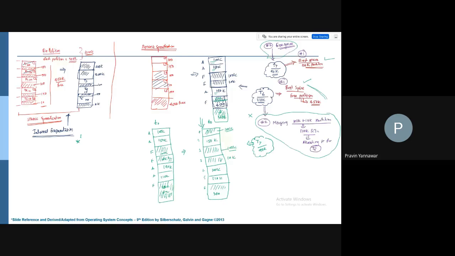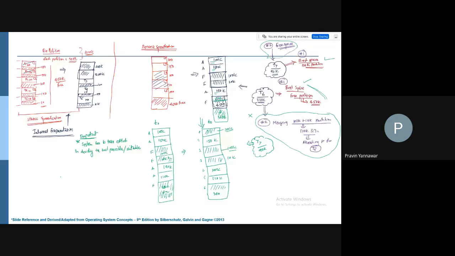So this is an important point: the system has to take effort in deciding the best possible, best suitable partition for the task, right?